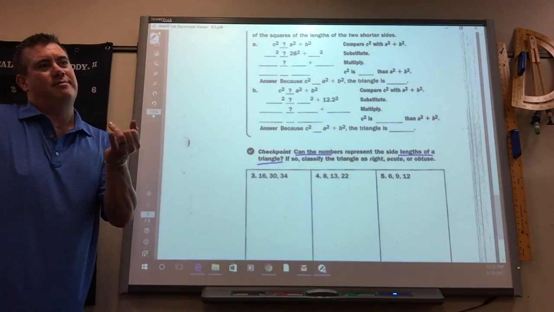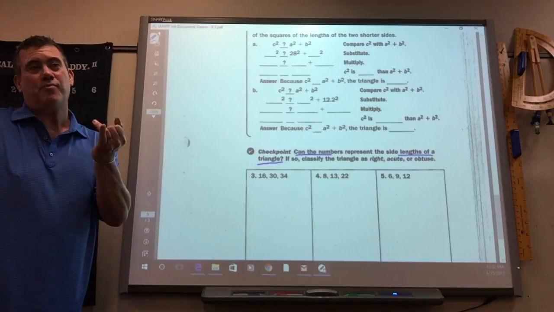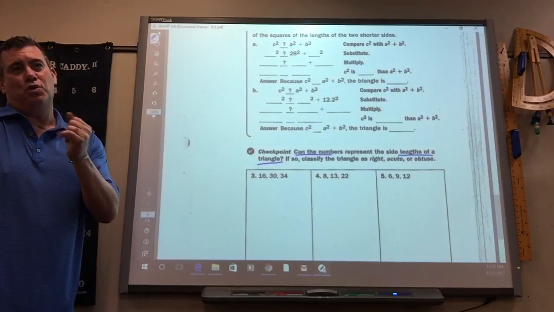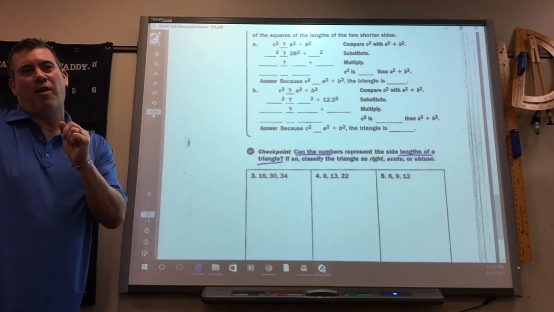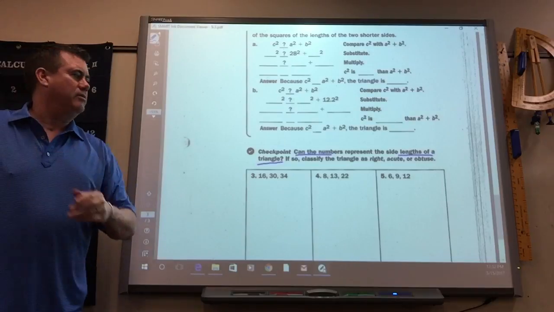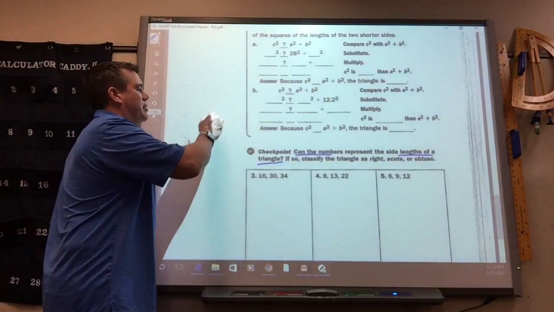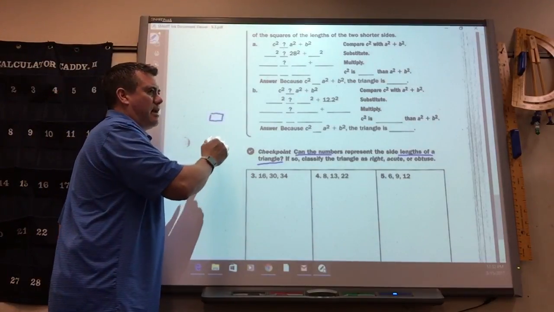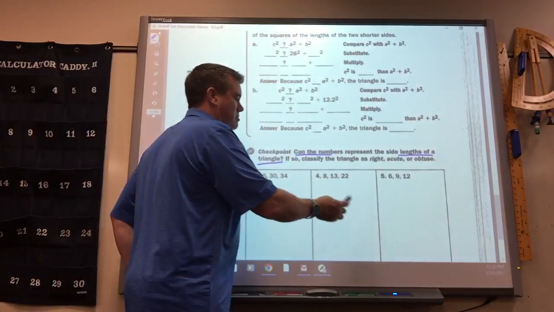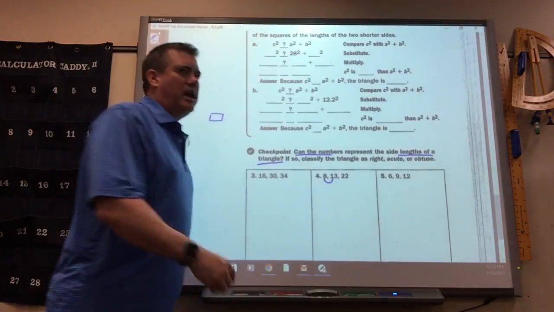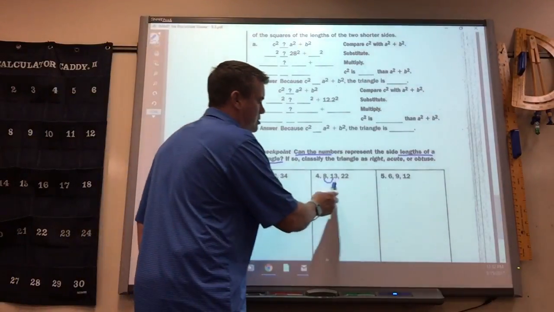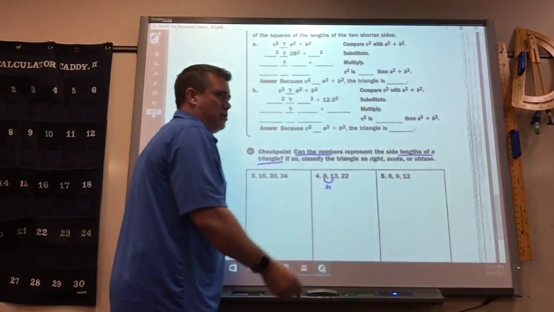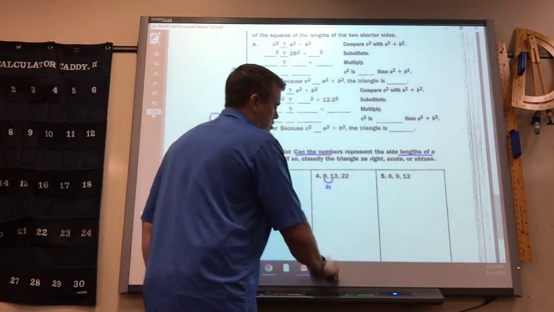Why 4? And remember the rule for making a triangle, the lengths of the sides? Any 2 added got to be more than the third. Right. These 2 only add up to 21, that's 22. So it won't make a triangle.